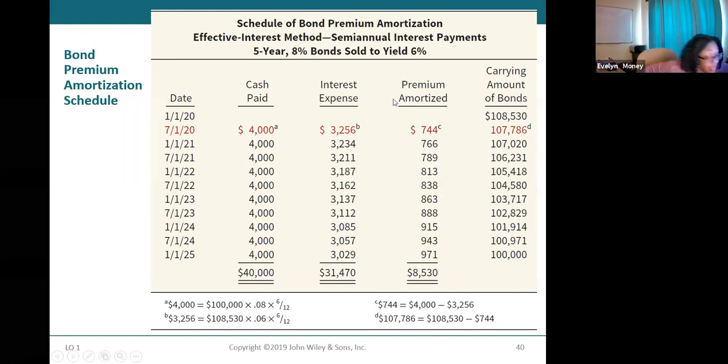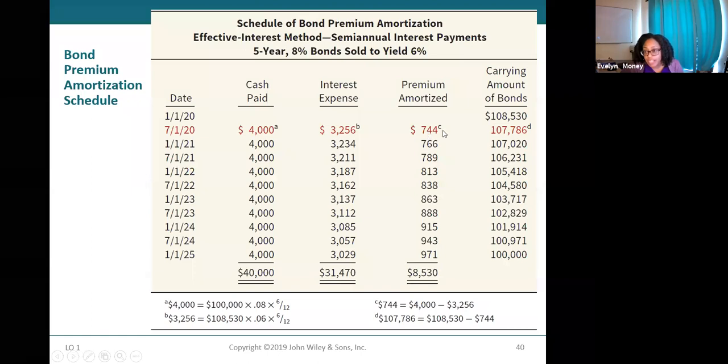So when we calculate the interest expense, we do it in the same way. We're still taking the carrying value of the bonds and multiplying it times the market rate of interest and then times a half. The difference between the interest expense and the cash paid is still the amount that needs to be amortized, but it is the amortization of the premium.